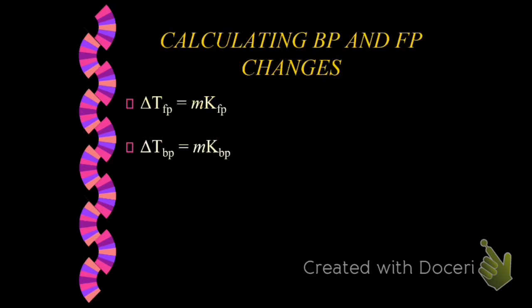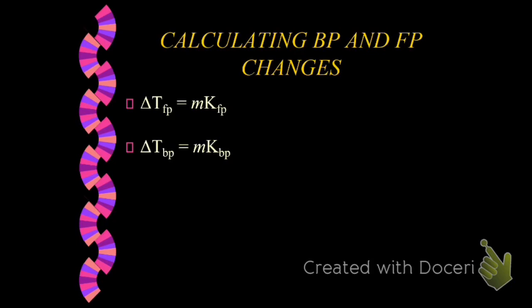So how can I calculate the boiling point and freezing point for a solution? What we actually calculate are the changes. So we'll say delta T, meaning the change in the temperature for the freezing point, little FP, is equal to m for molality times a freezing point constant.